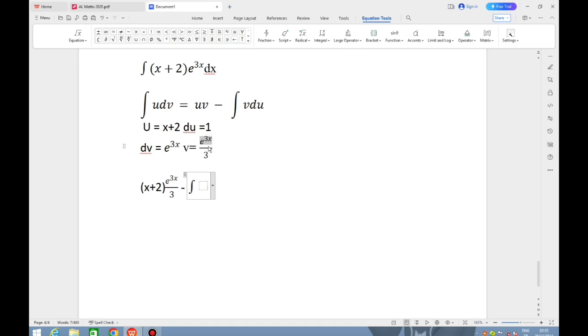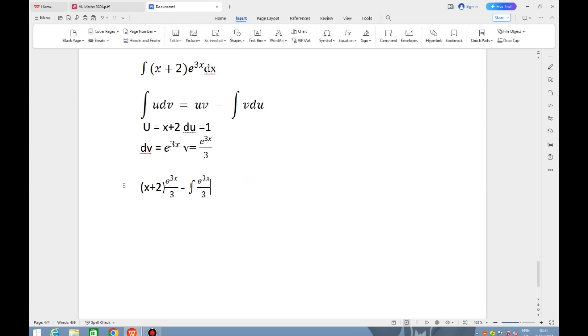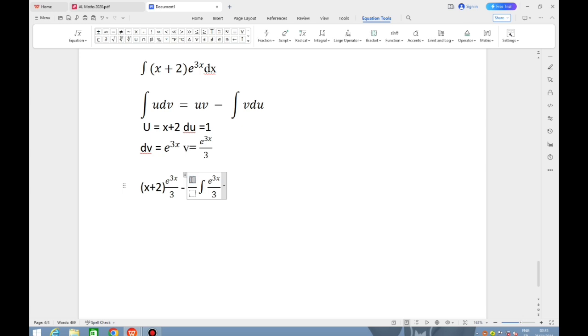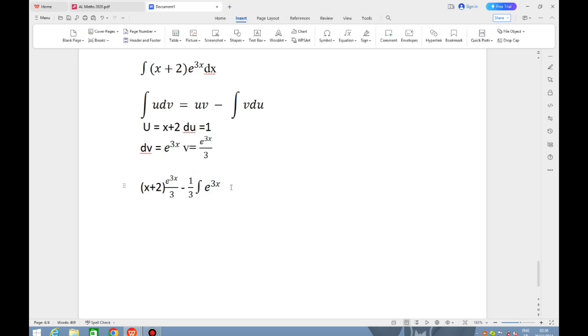This is v, that's the integral of this, and du is 1, so that's simply the integral of this, and this can be written as 1/3 the integral of e to the 3x. And integrating e to the 3x as before is simply 1/3 e to the 3x.